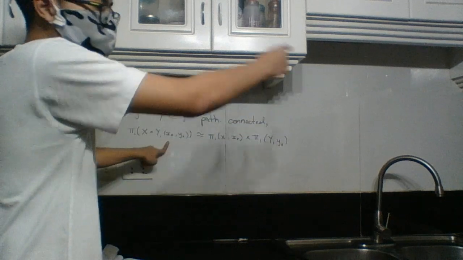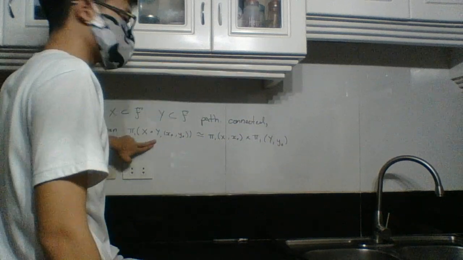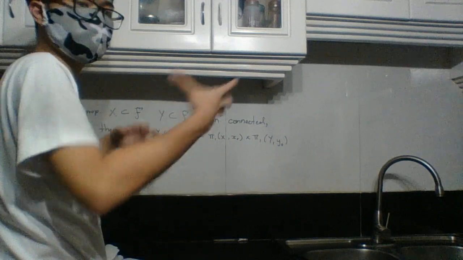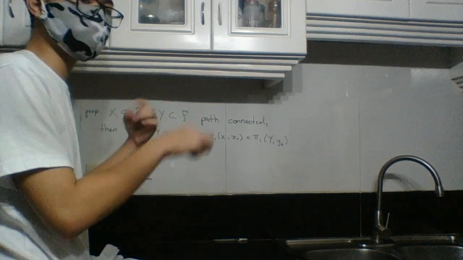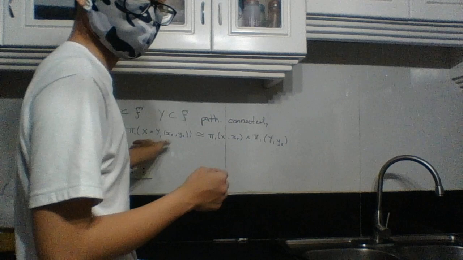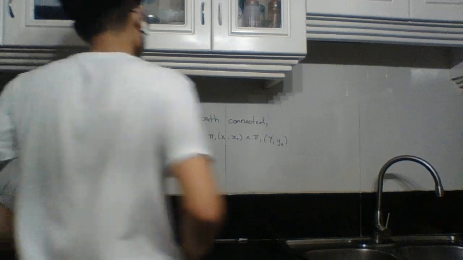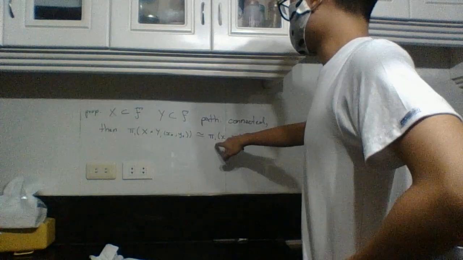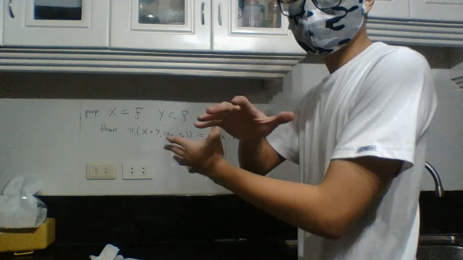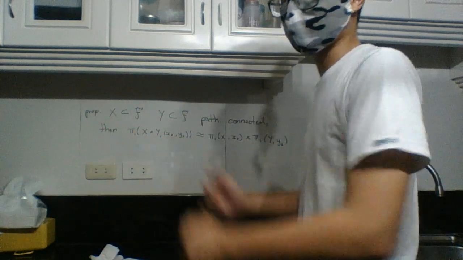Now you notice that when we make a loop inside here, because these two are path connected, all loops can be tightened, or at least we can construct as many loops as we want inside this space. Now, suppose I want to take that space and make it into 2 points again.